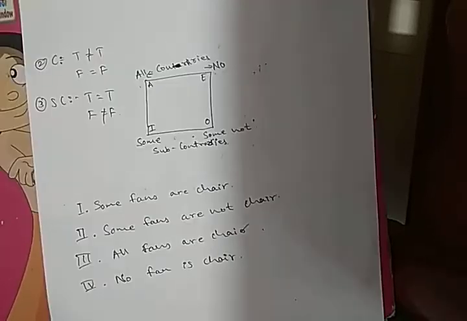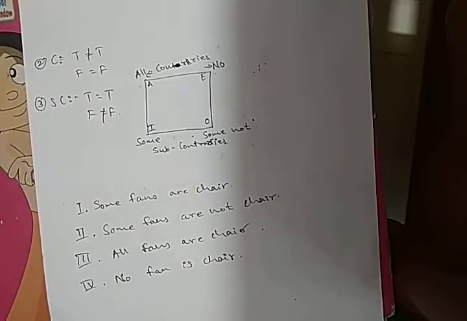Now the first question is the pair of statements which can be true together but cannot be false together. Which is the pair which can be true together but can't be false together?